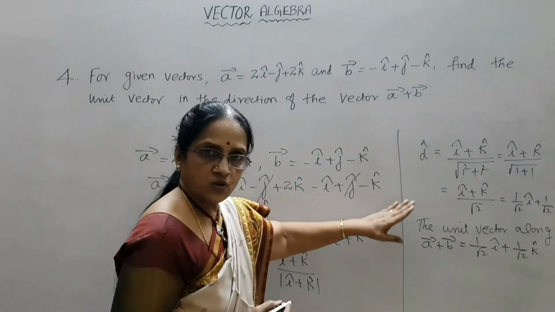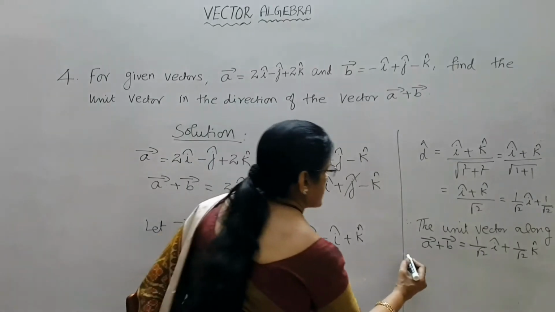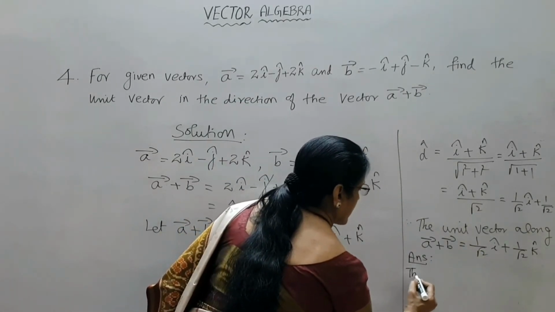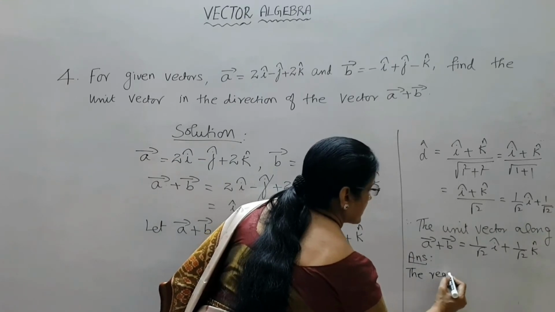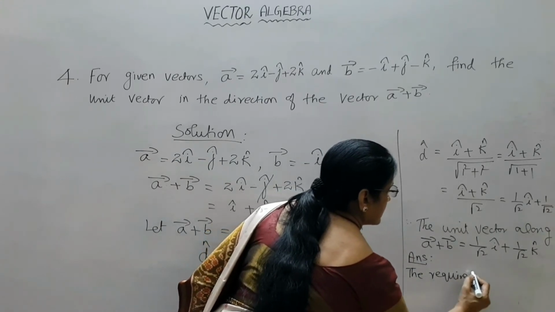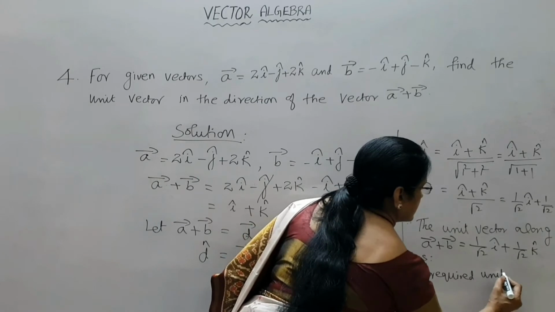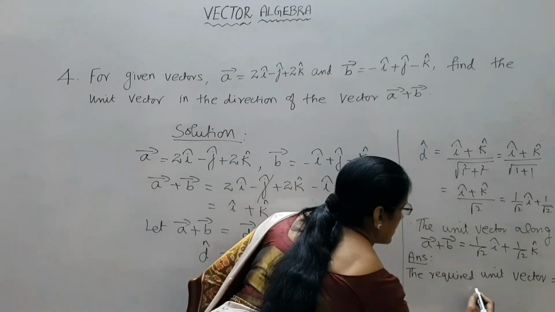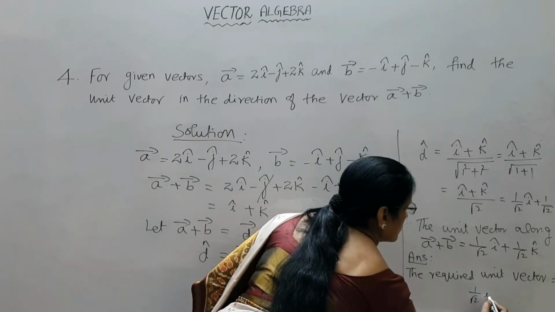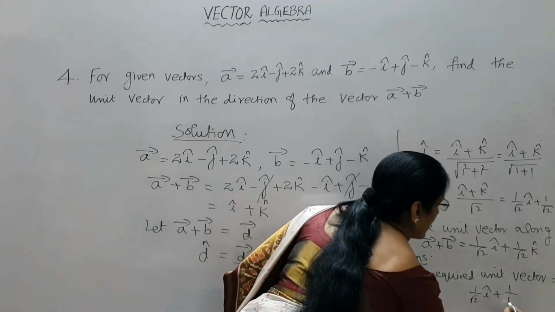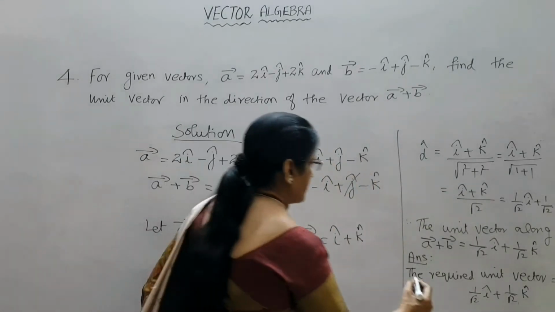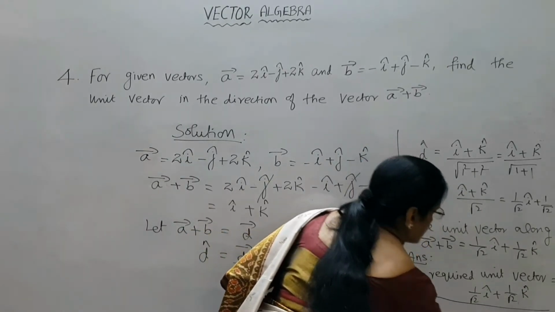Finally, you need to conclude your answer stating: answer, the required unit vector is equal to 1 by root 2 i cap plus 1 by root 2 k cap. So this will be your final answer.